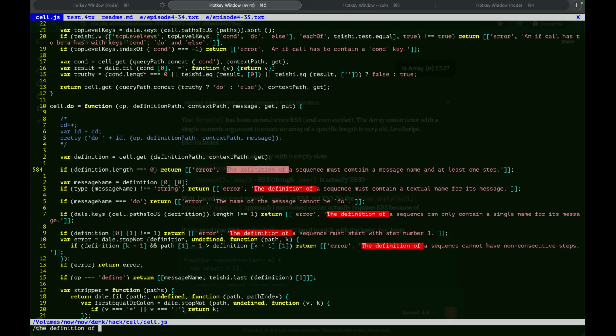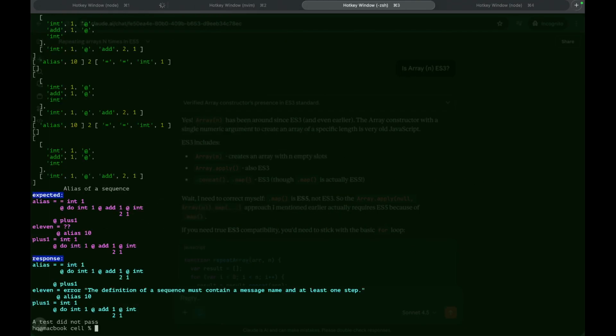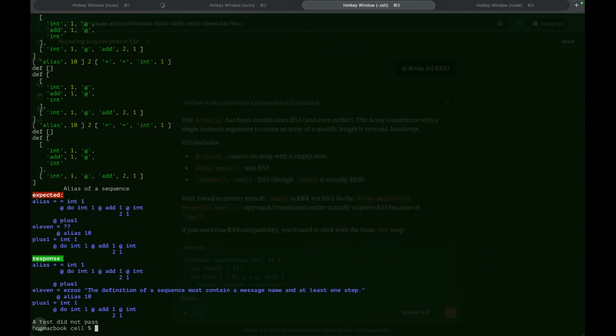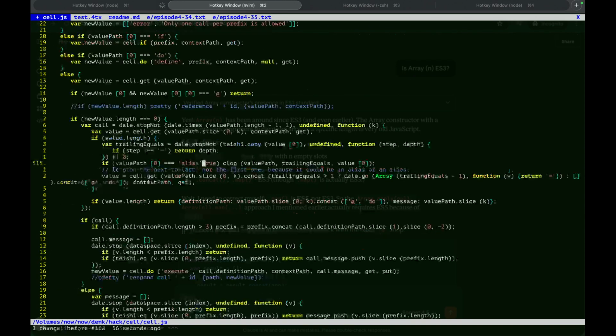The definition of a sequence, for some reason it's empty. Why? Because I have to do this thing here.